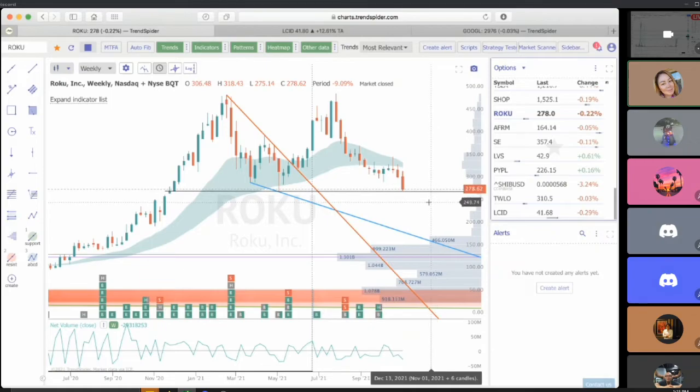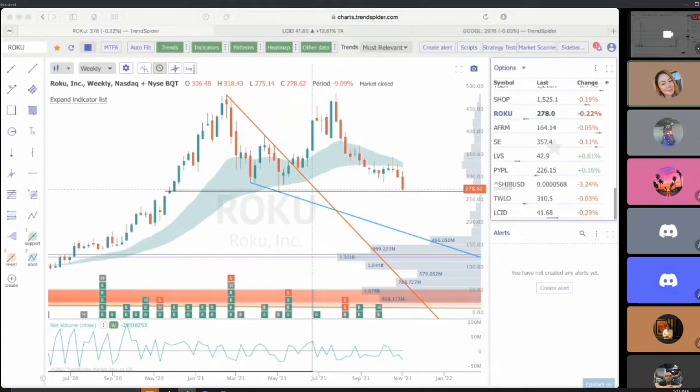So let's see if we get a pickup at 272, a bounce off support. 270, 271. Let's see. What was the low? 275. So let's see. I don't know. 270. I don't feel good about this.